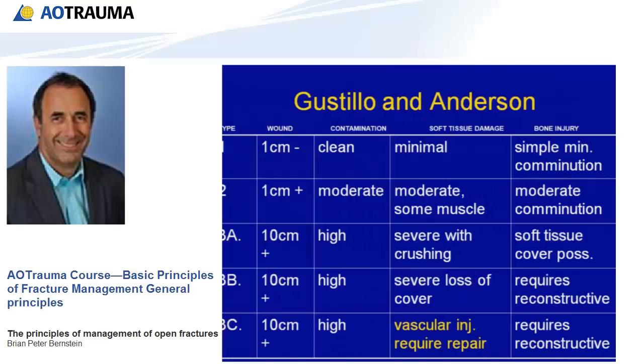So as you have a slightly bigger wound, slightly more contamination, you'll go down in grading of your classification system. But just remember that you can have a 1 centimeter wound in a clean environment with a simple bone injury, and if there's a vascular injury involved that requires repair, this is going to be a grade 3C, and it's going to have to be treated in your management plans accordingly.